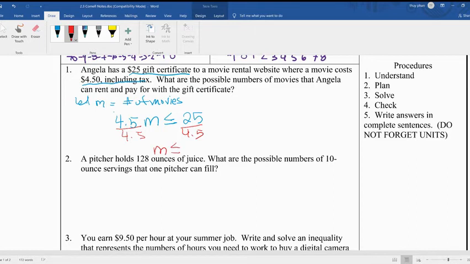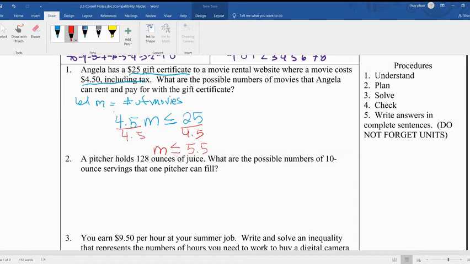So that means we have m is less than or equal to about 5.5 movies.